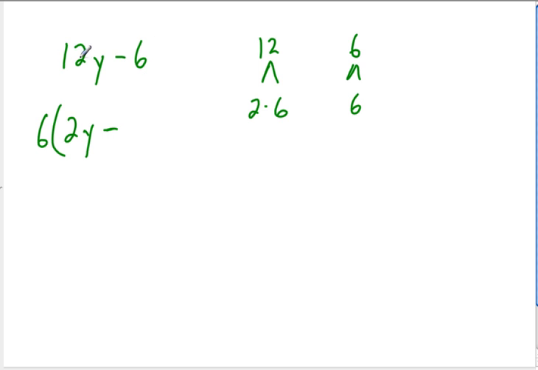Essentially you're saying 12 divided by 6 is 2, and then 6 divided by 6 is 1. And you can check that by using the distributive property on it here to see if it worked. 12y minus 6. Okay, so here would be the final answer if the instructions asked you to factor, which you'll be practicing tomorrow.